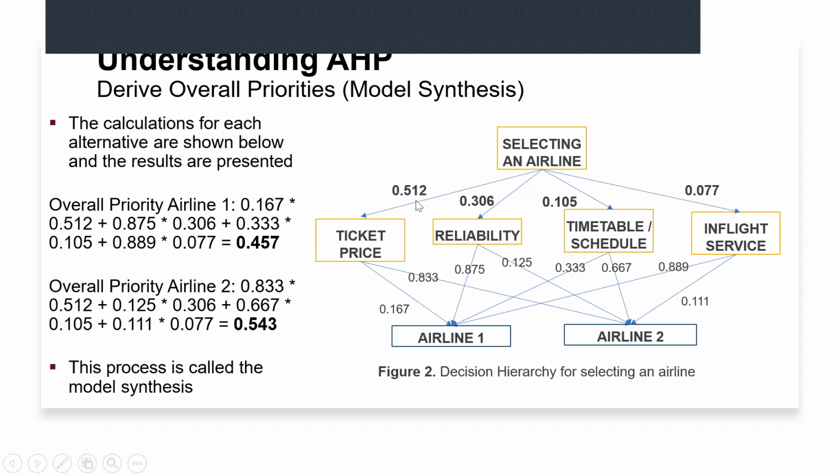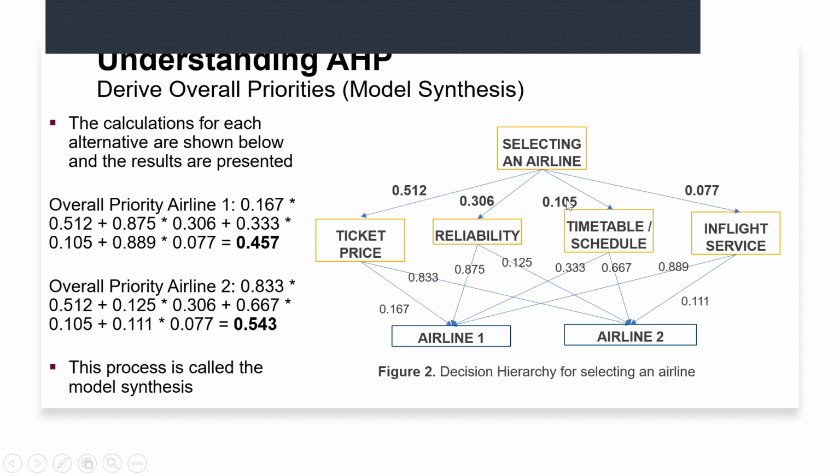So 0.512 times the value 0.167, plus 0.306 multiplied by 0.875.